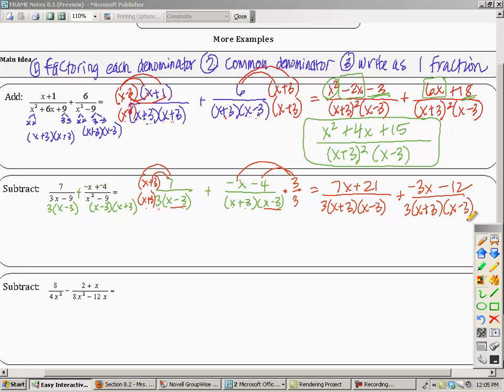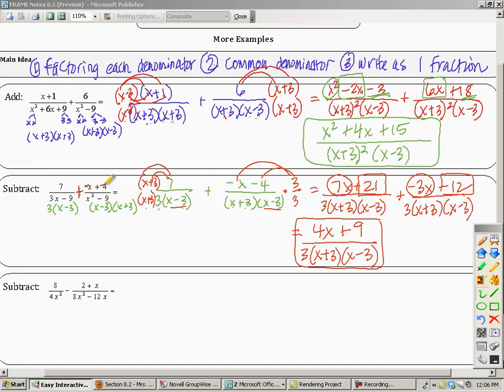If I combine my like terms, 7x and negative 3x makes 4x. 21 and negative 12 is 9, all over 3, x plus 3, x minus 3. Okay, again, denominator stays in factored form, numerator gets distributed. And I think it's easier to move this negative up front, plus, and put the negative to both up front, because then you don't have to worry about the subtraction later.